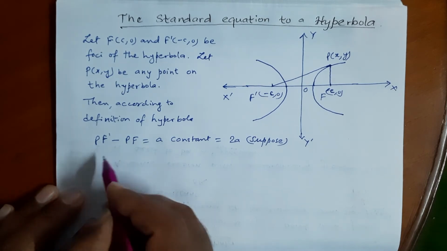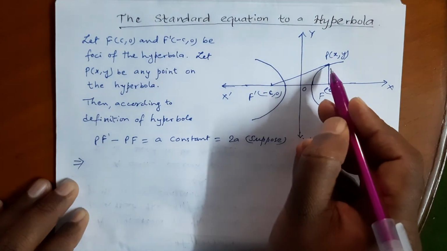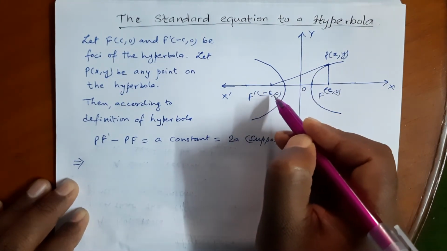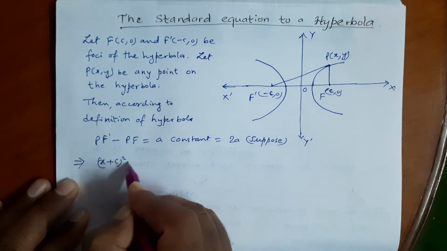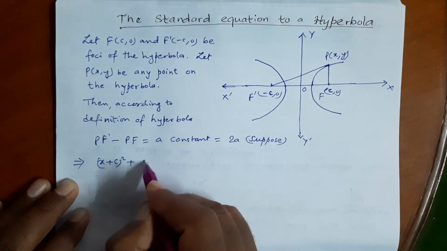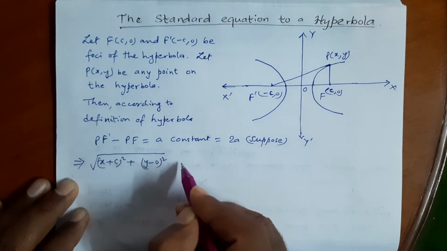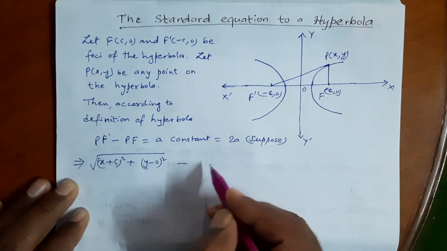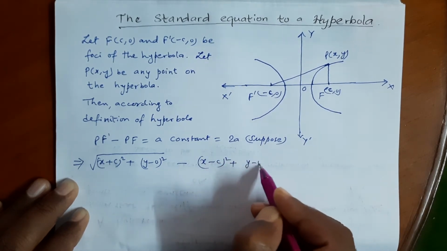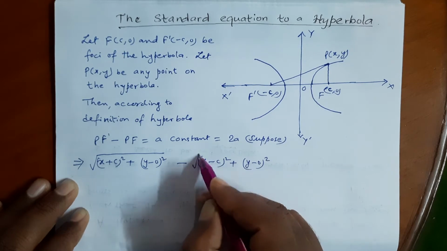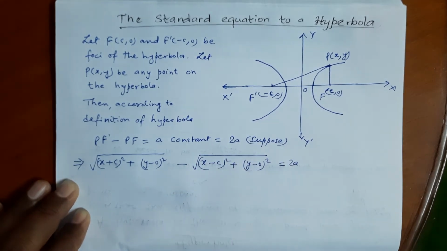Now using the distance formula, PF' is the square root of (x plus c) whole square plus (y minus 0) whole square, minus PF, using the distance formula, the square root of (x minus c) whole square plus (y minus 0) whole square, equals 2a.